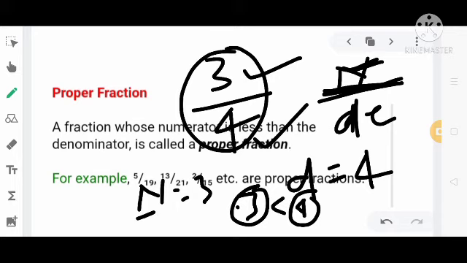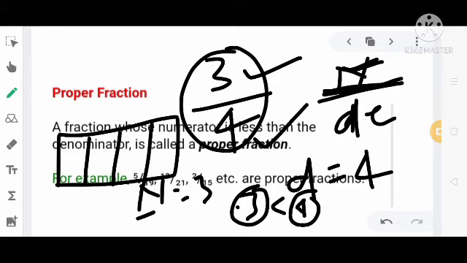Here 3 by 4 means, suppose you have a piece of chocolate. This is the whole chocolate and the denominator is 4. It means you cut the chocolate into 4 equal parts. Denominator represents the equal parts.